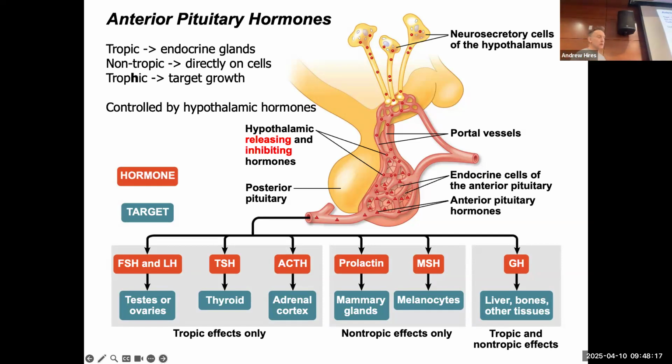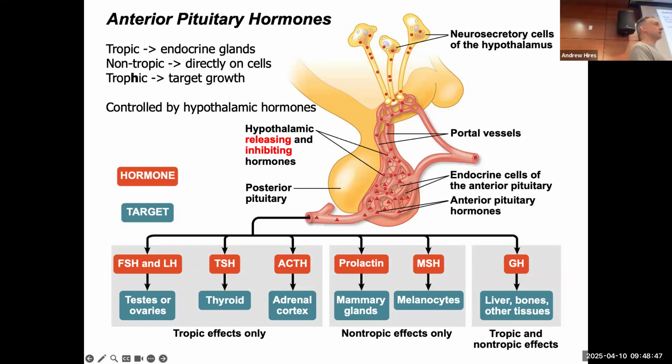Then we have adrenocorticotropic hormone. This is released from the anterior pituitary and targets the adrenal cortex, the outside surface of the adrenal gland, and there it is going to cause the release of cortisol, which is really a response to stress. Cortisol increases blood sugar by a variety of mechanisms.